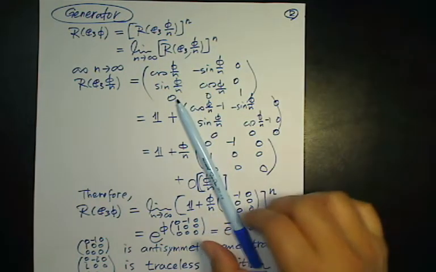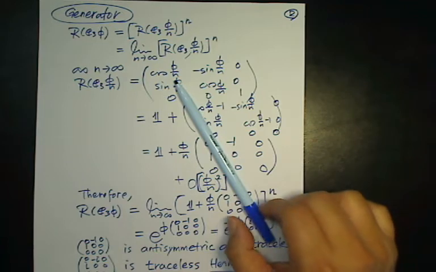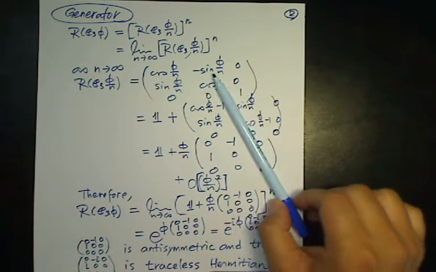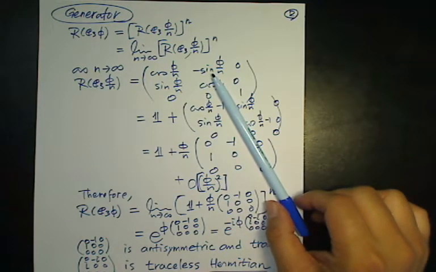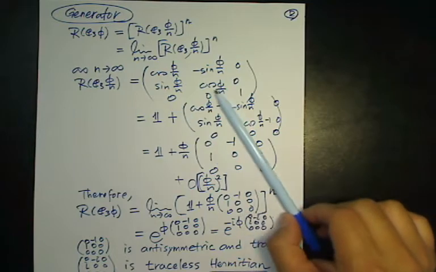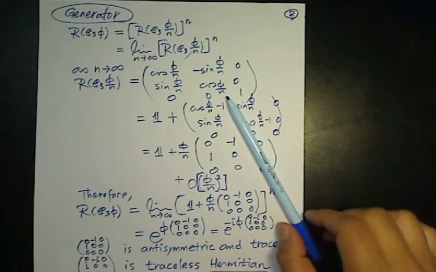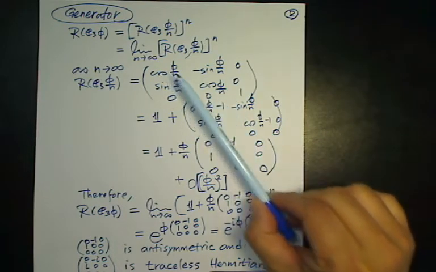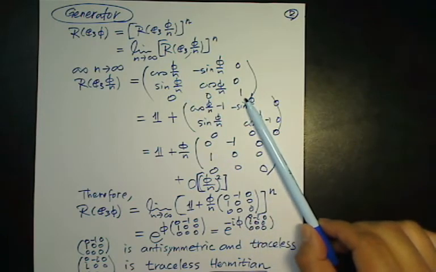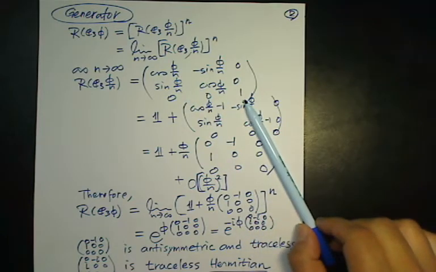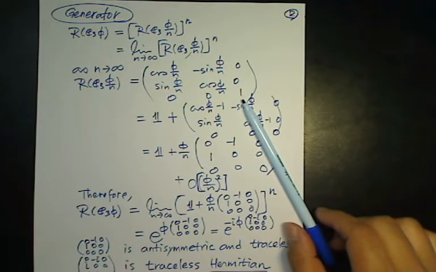So if this angle is small, cosine phi over n, minus sine phi over n, sine phi over n and cosine phi over n appear. Let us pull out the identity, just like what we have done when we derived the Rodrigues formula for finite rotation.